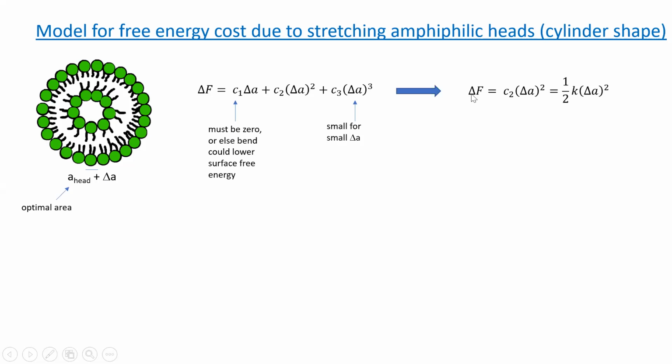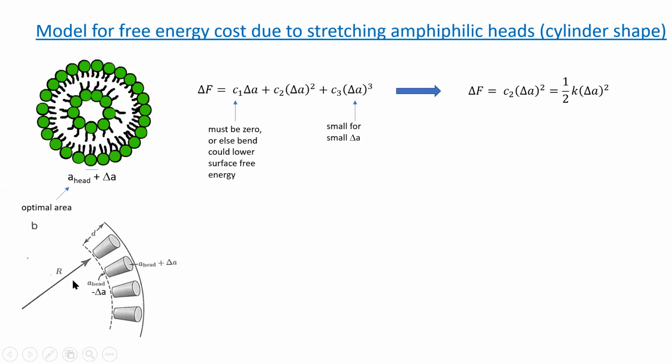And so we just get that the change in the free energy would just be the squared term, C2 times delta A squared, which we rewrite in a more familiar form as 1/2 K times delta A squared, since we're used to seeing 1/2 K x squared for the mass on a spring or the harmonic oscillator.